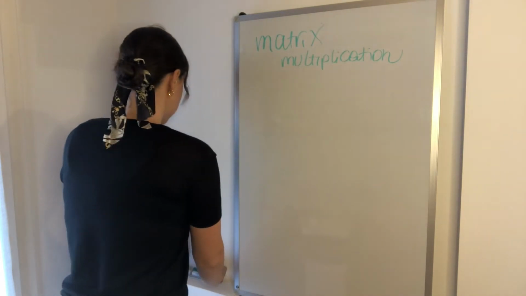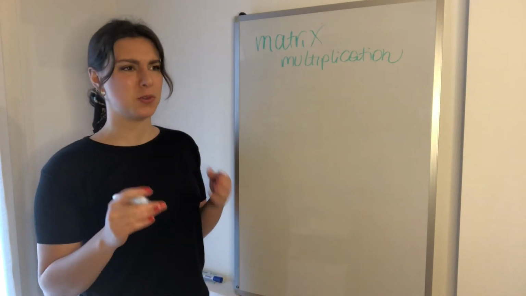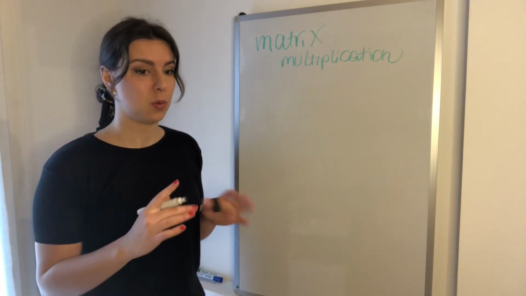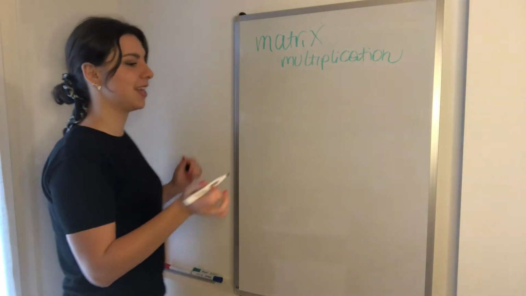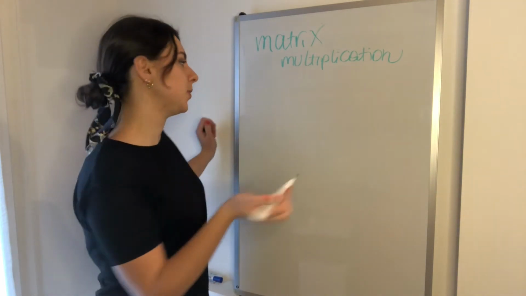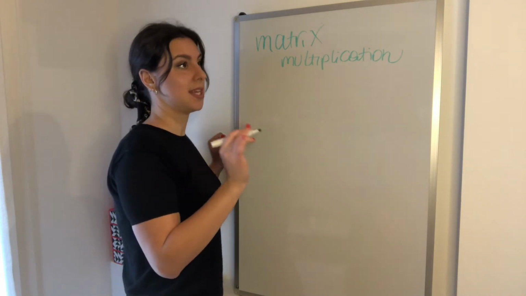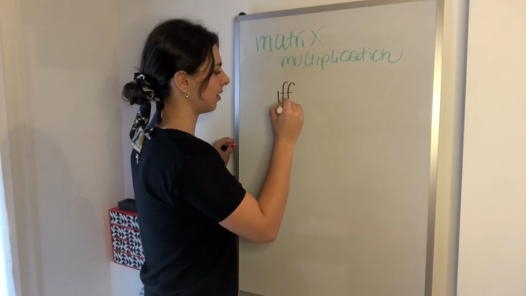Perfect. So at this point, to be able to multiply matrices, we have to follow one very important rule, which is you can multiply two matrices if and only if.